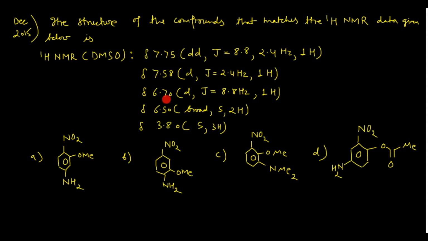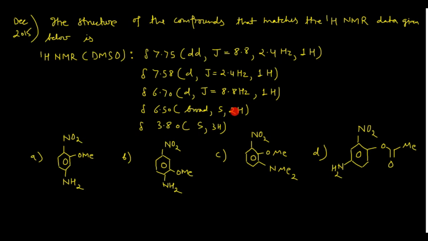Third is 6.70, a doublet, again with 8.8, and then at 6.50 you are getting a broad singlet, which corresponds to two protons. So guys, this is giving you a lot of information. A broad peak is typical for NH; when NH resonates, it gives a diffuse peak, and it corresponds to two protons.